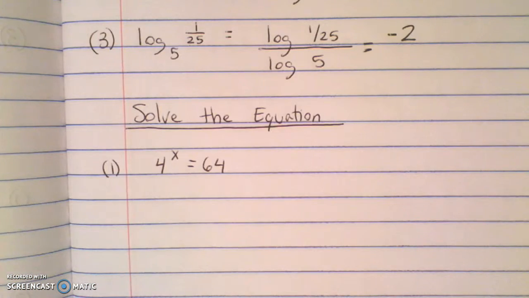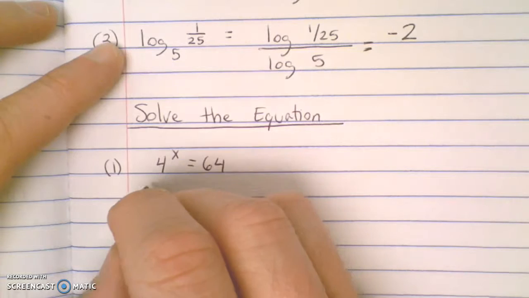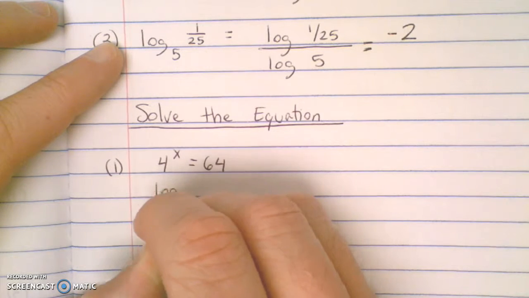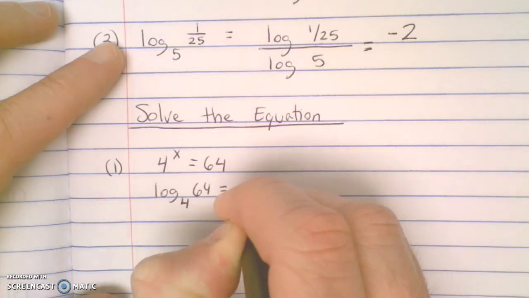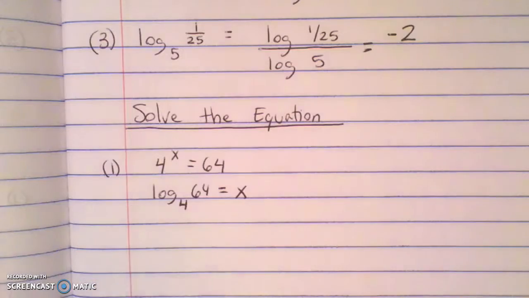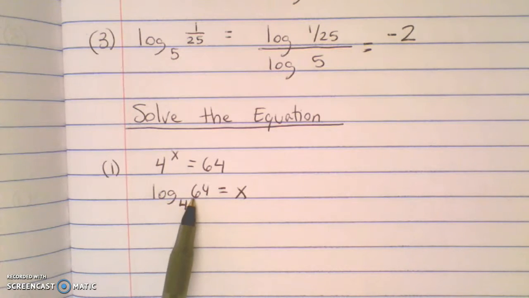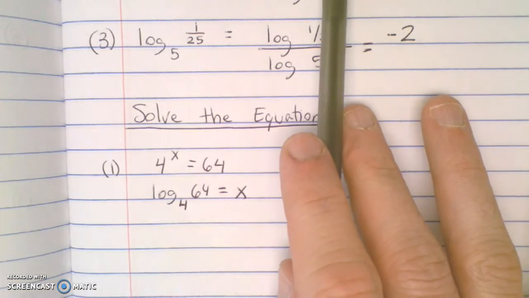So now that we know how to work with logs, we can rewrite this equation using log form. So I can rewrite this saying log base 4 of 64 equals x. And once I get into this form, I can do the change of base formula that I used up here on the top.